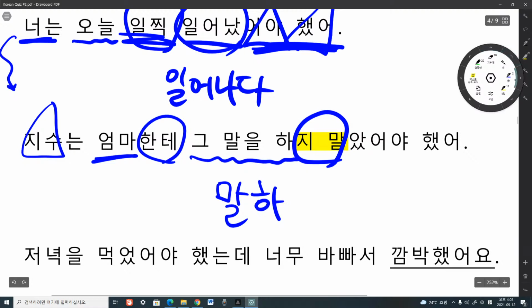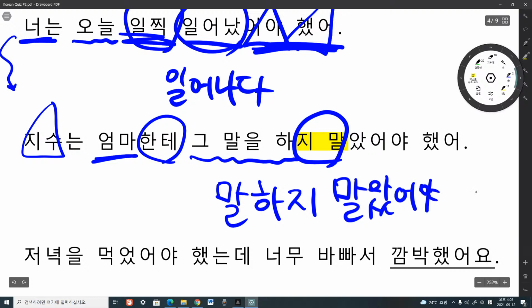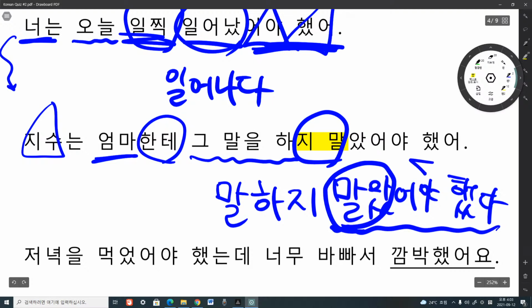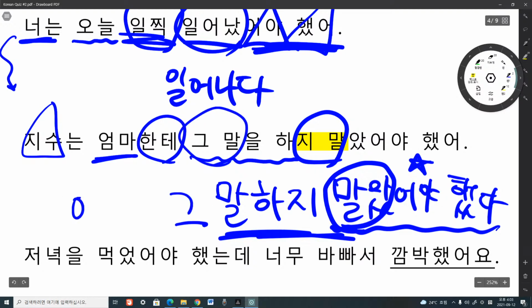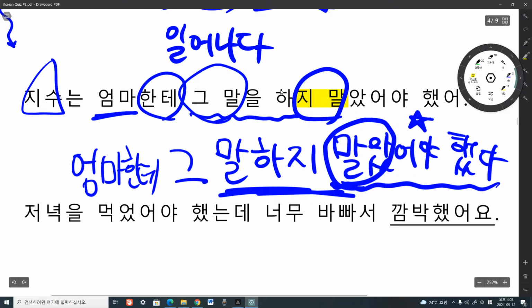It's conjugated in past tense, and also 했다 is conjugated in past tense, so it means she shouldn't have said that, 그 말 said that to 엄마. 지수는 엄마한테 그 말을 하지 말았어야 했어요. 지수 should not have said that to her mom.